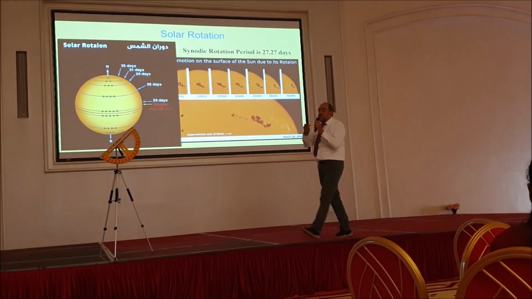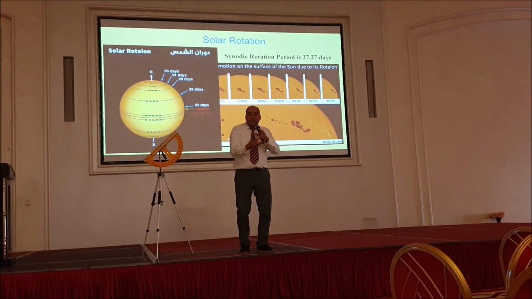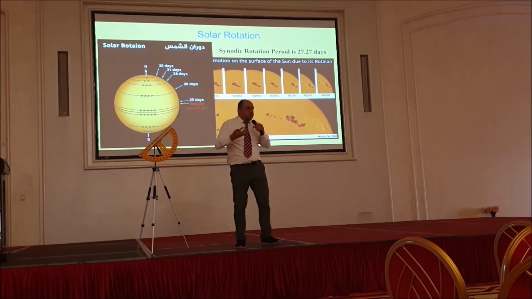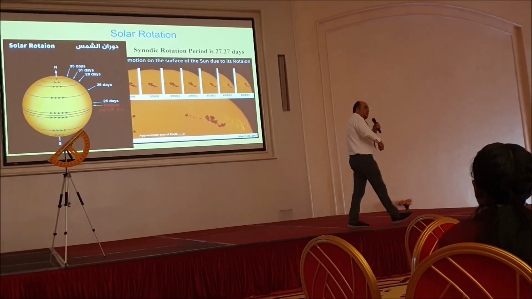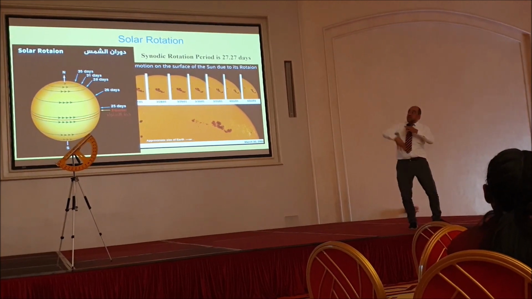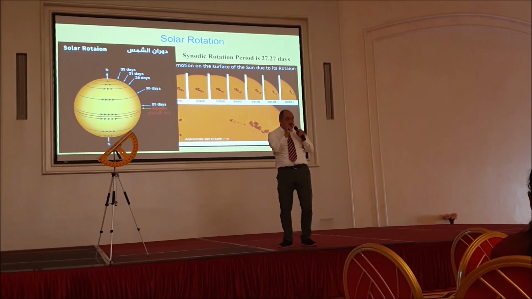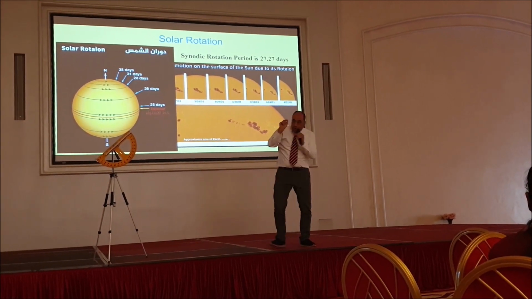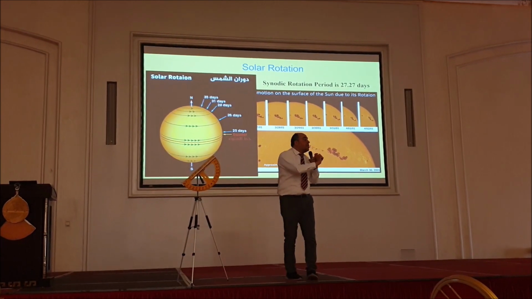They are twisted, and then they are cut. When they are cut, a sunspot appears, or a filament, or some solar flares, or some giant prominences appear. So these particular points are the cutting or twisting of the magnetic field lines.